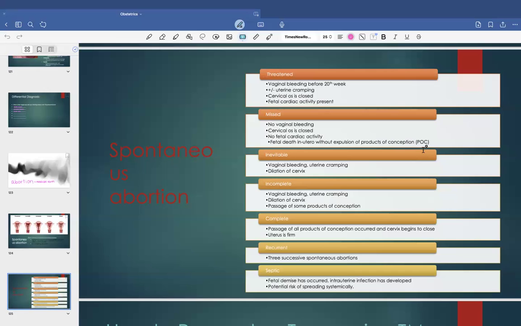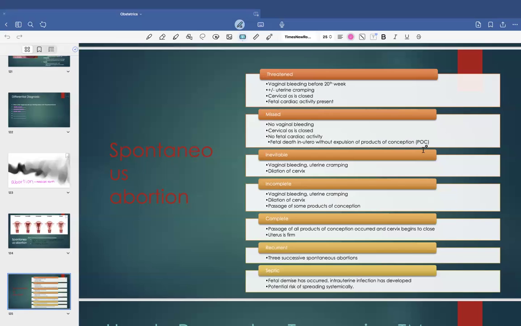So we had threatened, os is closed, everything where it's supposed to be, can still be a viable, healthy pregnancy. Either it goes to missed, os is closed, but the baby is still in there, no fetal cardiac activity. If it doesn't go to missed, then it goes to the Inc. Inevitable is the first one. With this one, the os is now open, it's dilated. Patient has bleeding, patient has cramping. But everything is where it's supposed to be. It's still in there, nothing's come out.